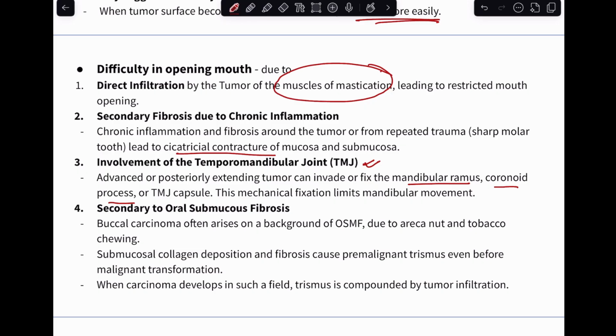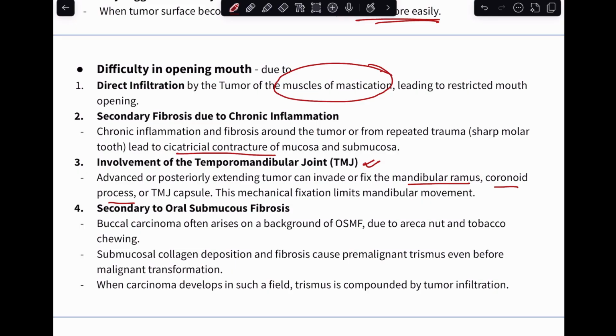Last reason is if the difficulty in opening mouth is happening secondary to oral submucous fibrosis. So we know that oral submucous fibrosis is a pre-malignant lesion of the oral cavity, and it has about a 7 to 13% chance of malignant transformation.